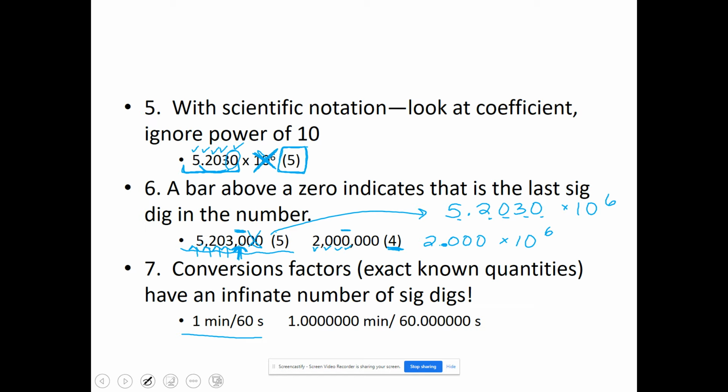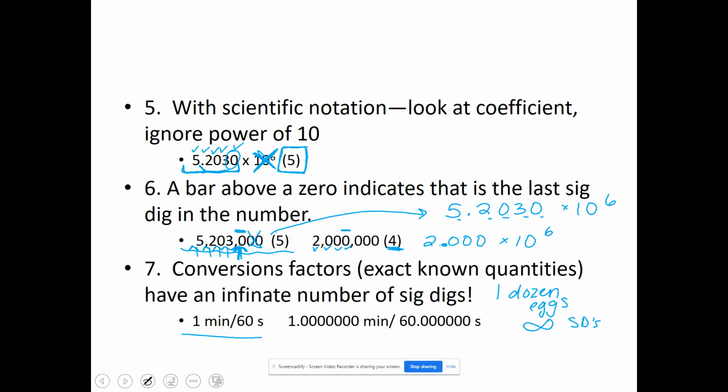So if we say there is 1 minute and 60 seconds, or we say there are a dozen of something, if we're counting something, so if we say 1 dozen eggs, if you count something, there's 2 basketballs, then that's an infinite number of sig digs, because there's exactly that much. There's not 2.01 basketballs.